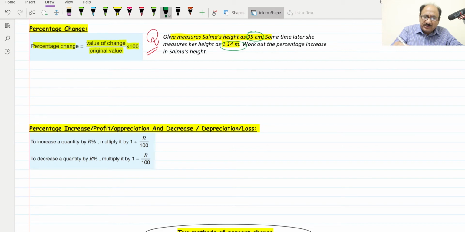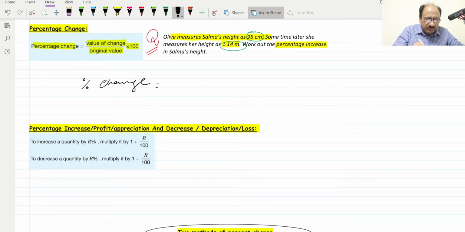Work out the percentage increase. So we have to find the percentage increase in Salma's height. For this question, we require percentage change. So how will we calculate percentage change?